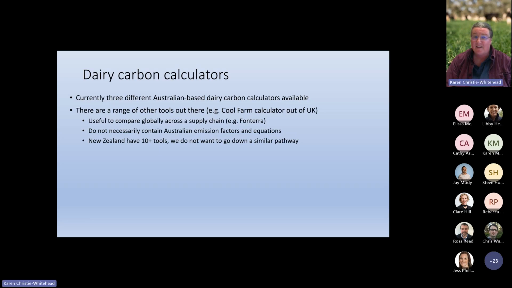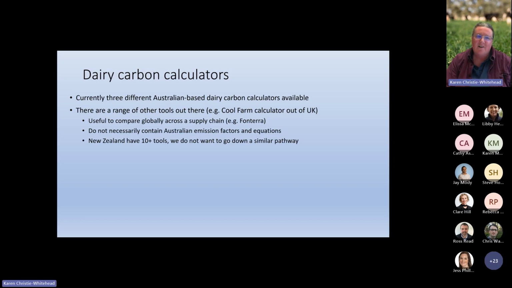These tools have some advantages, for example, Fonterra wanting to compare their supply base in Australia versus New Zealand versus Chile. What's important to know is these other calculators derived from outside the country do not necessarily contain the Australian emission factors and equations. And I'll touch on that in the next click.